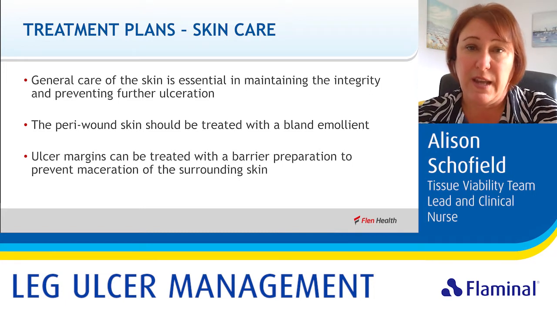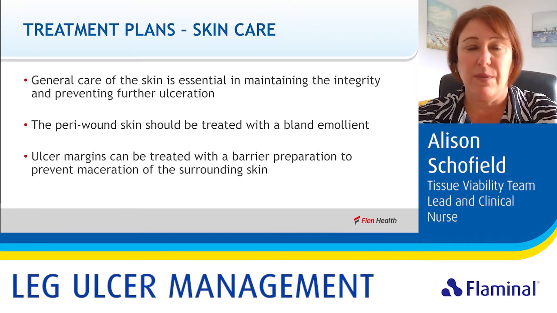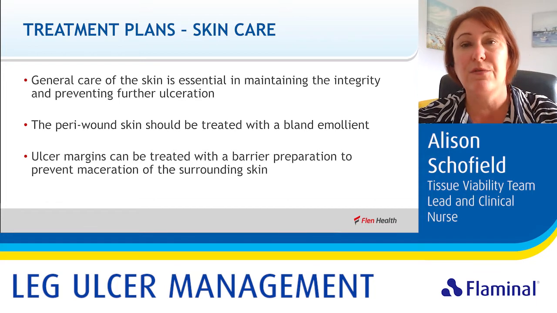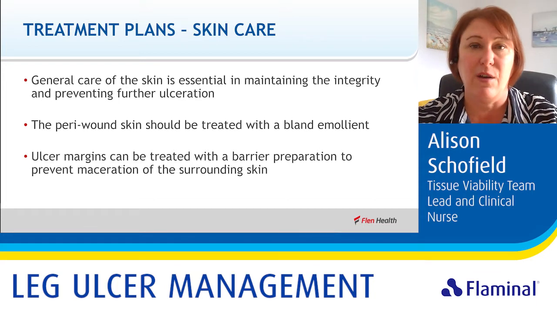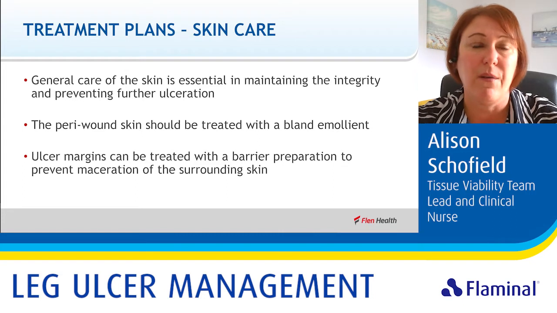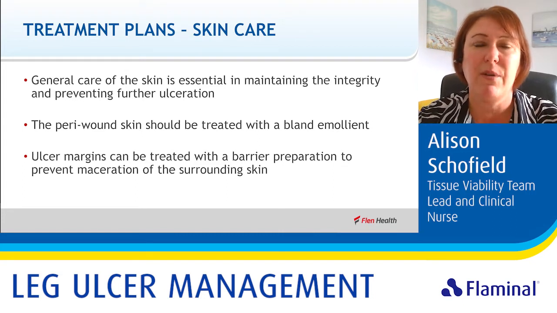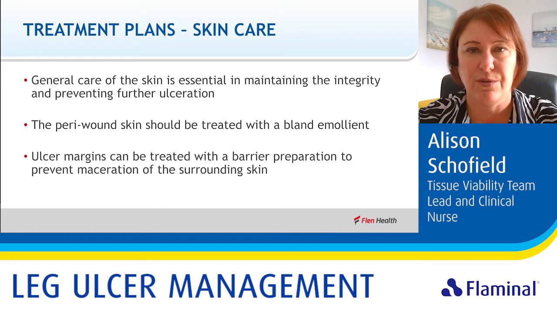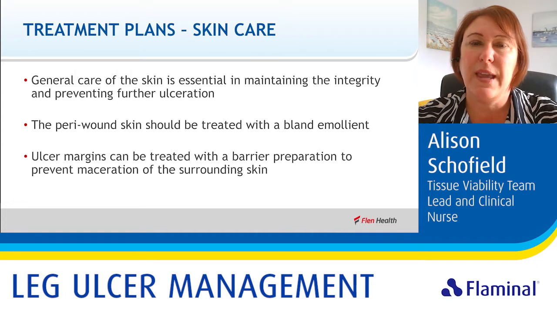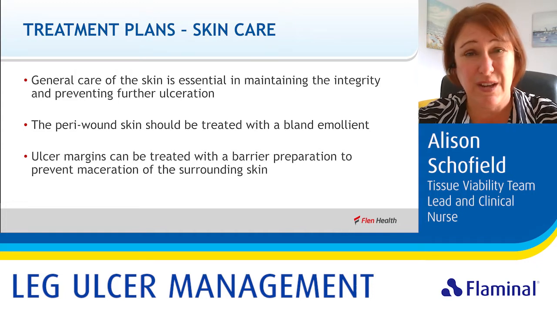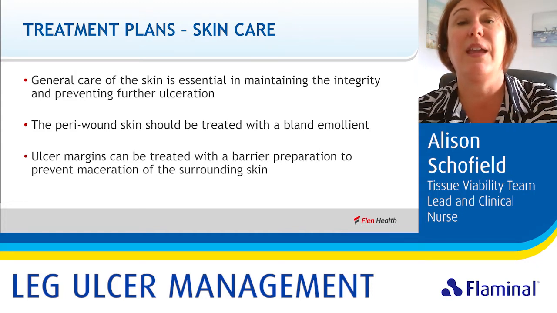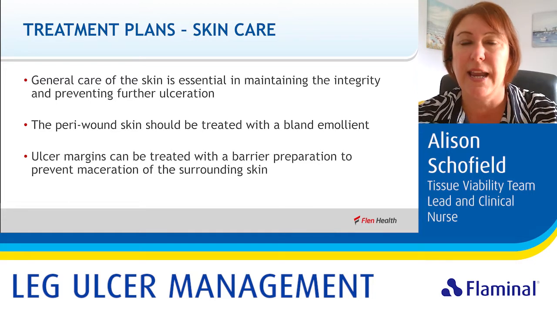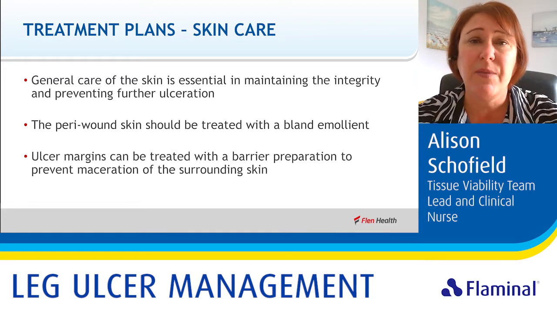So the peri-wound skin, so surrounding the wound, and outwards from that, we can use the emollients that we have on our formularies, and there are many out there on the market. We need to use things in our cleansing that are pH balanced, because we don't want to be drying the skin out further. So on the absolute edge of the wound, if we've got too much exudate and then we're getting that white macerated skin and it's becoming excoriated, then we can use the barrier type preparations.